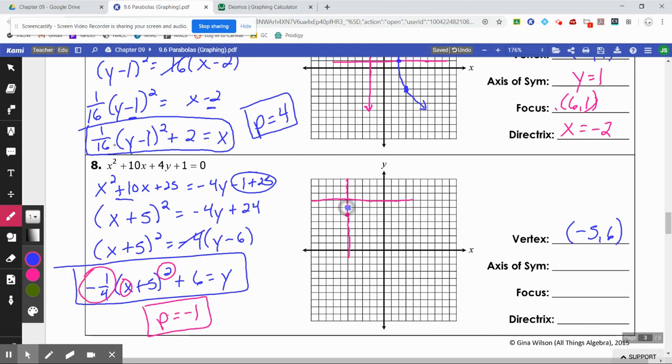So you have an axis of symmetry at x equals -5. You have a focus at -5, comma, we went down 1, so that'd be -5, 5. You have a directrix at y equals, we went up 1 from 6 to y equals 7. You can check that: 1, 2, 3, 4, 5, 6, 7.